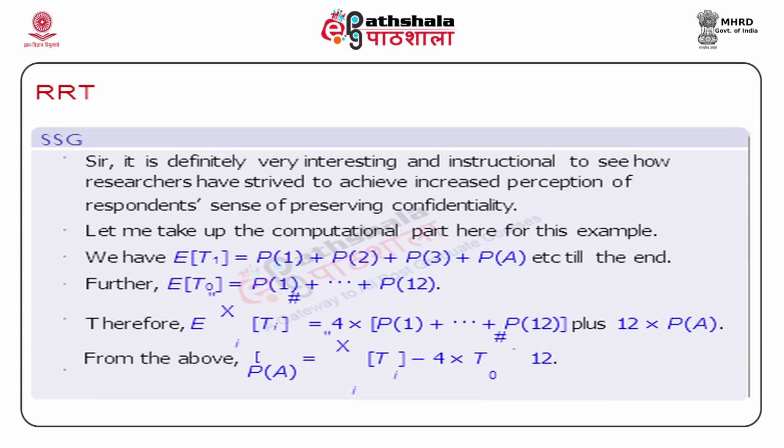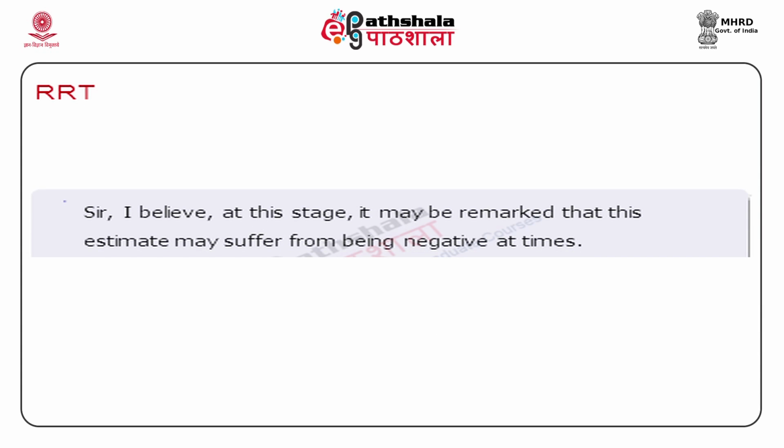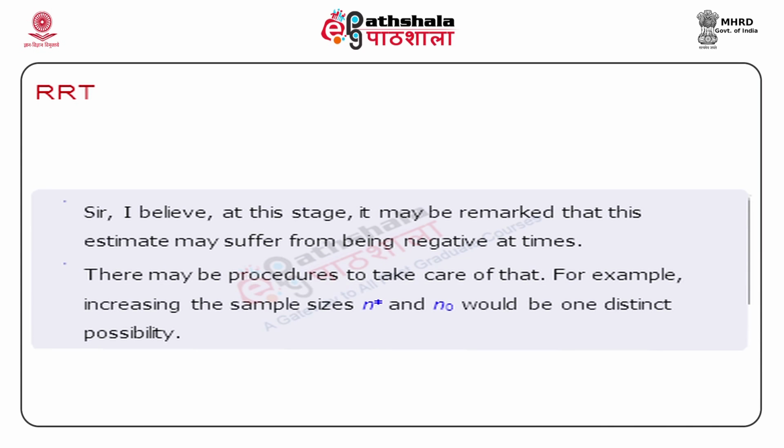From the above, we have PA hat equals summation Ti minus 4 times T0, whole divided by 12. Sir, at this stage it may be remarked that this estimate may suffer from being negative at times. There may be procedures to take care of that, for example, increasing the sample sizes n star and n naught would be one distinct possibility.